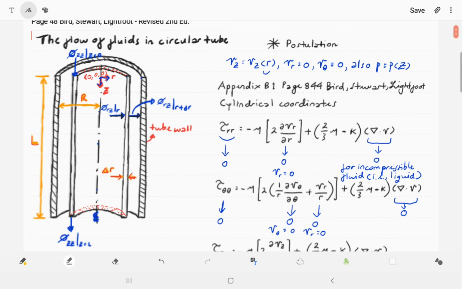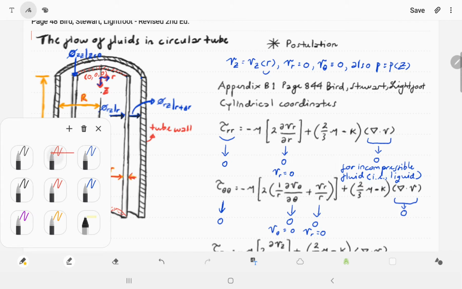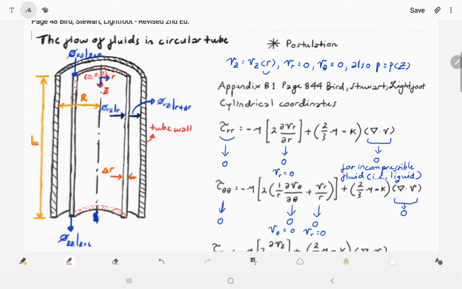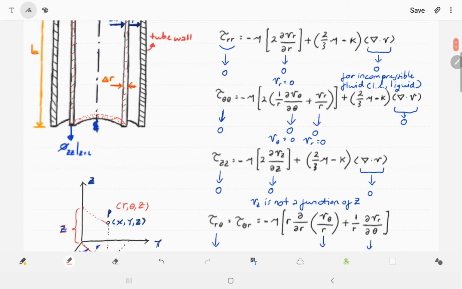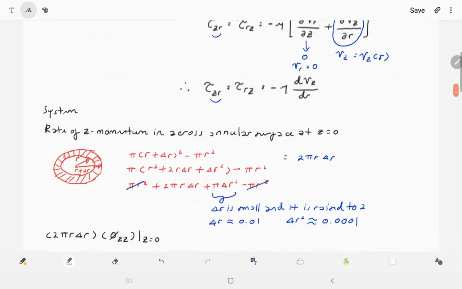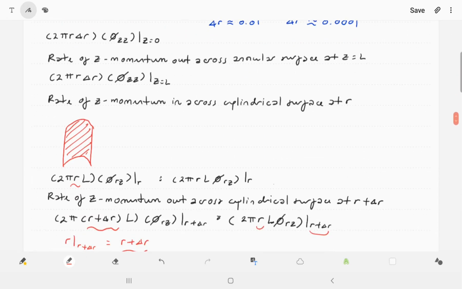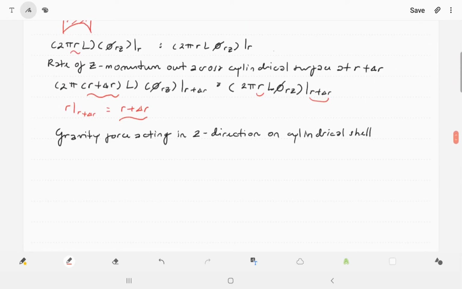We need to check what is the volume of our cylindrical shell in here. Okay, so this is basically we need to check what is the volume of our cylindrical shell, and then we multiply that with the gravity force per unit volume.